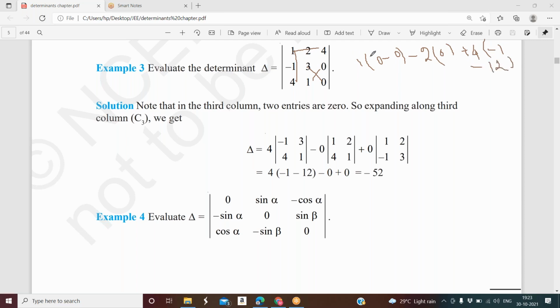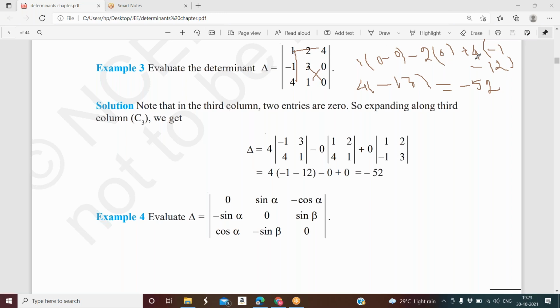So here I am getting 0. 0 into something is 0. This is also 0. So here I am getting 4 into minus 13. What is the value of 4 into minus 13? It is minus 52. Since these two entries are 0, you don't need to consider them.